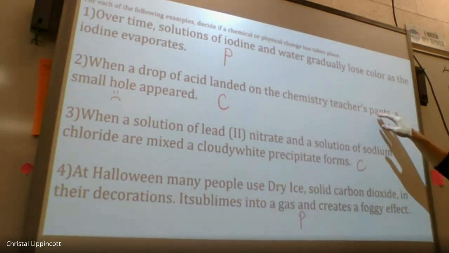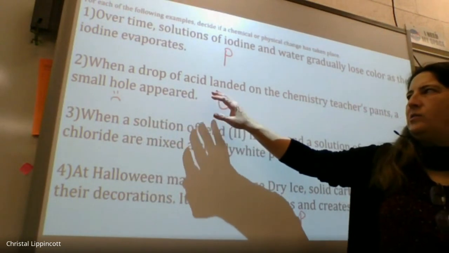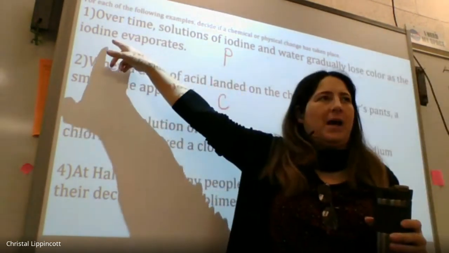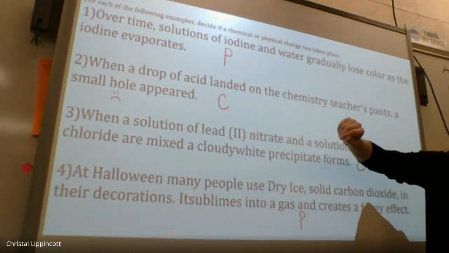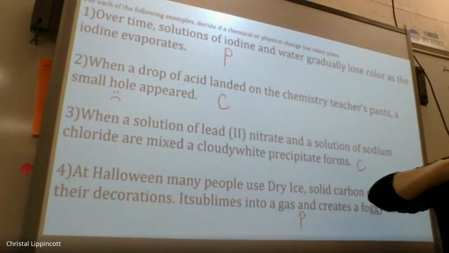Here we've got a teacher's pants, small hole appeared. Now I haven't lost clothes to acid before, but I have lost them to iodine, ironically enough. I spilled iodine on my clothes one time and it ate little small holes through them. It was very sad.